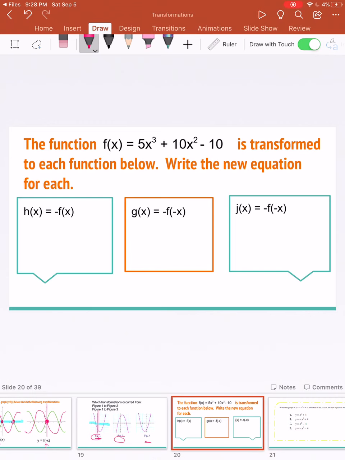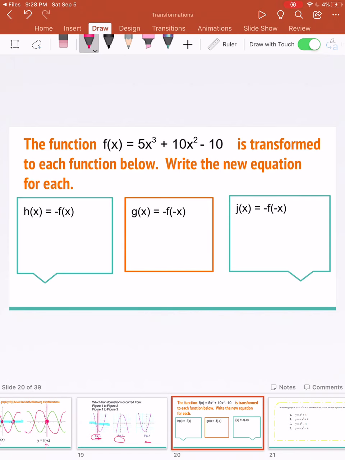So it says the function f at x equals 5x cubed plus 10x squared minus 10 is transformed to each function below. Write the new equation. Okay, so this all comes back to function notation, and we just did 3 whole lessons on function notation.